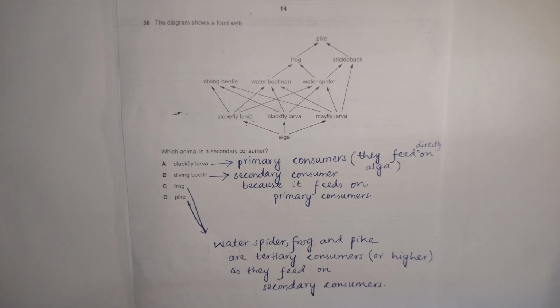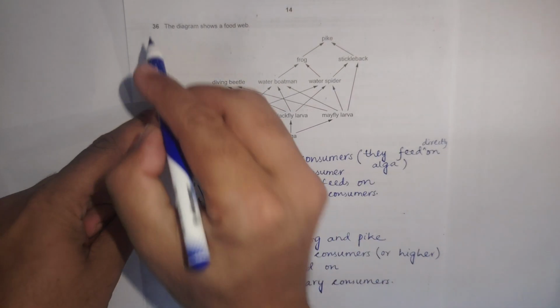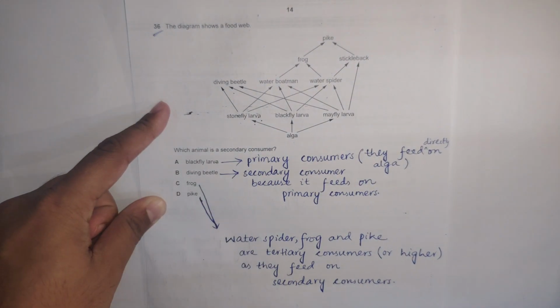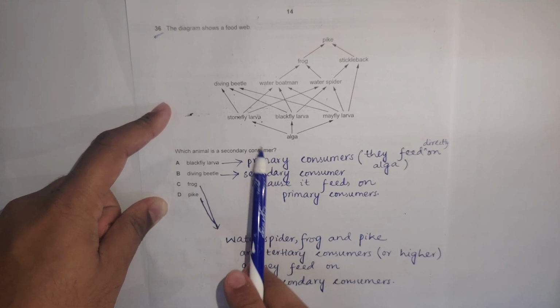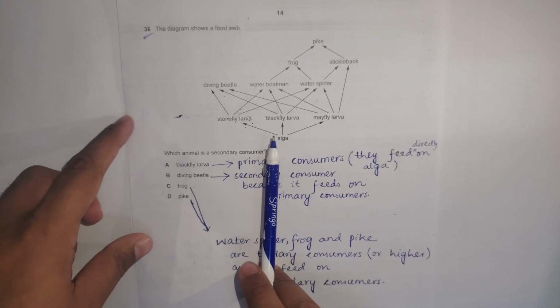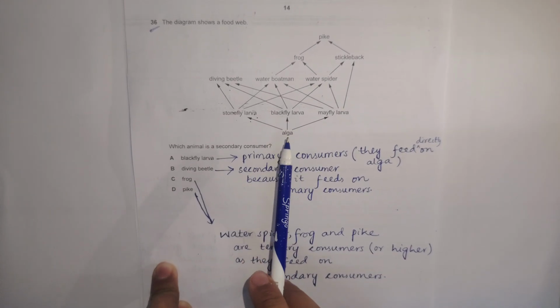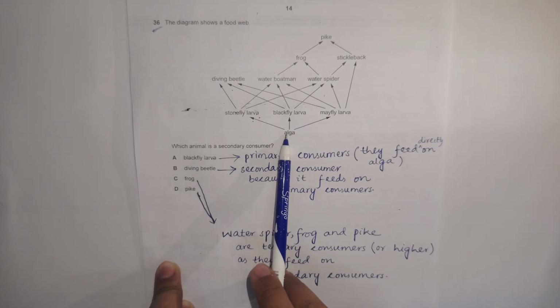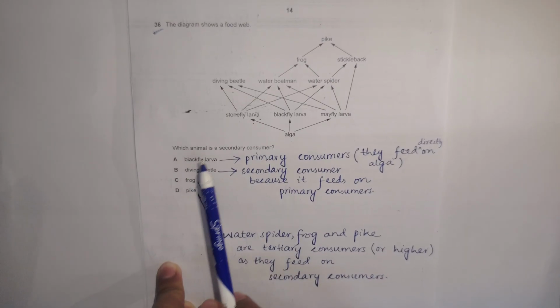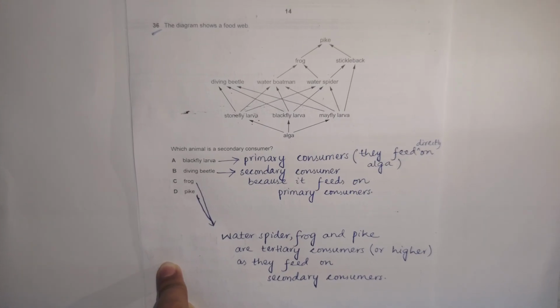Question number 36. A food web is here for us. A diagram that shows a food web. To solve these questions, dear students, you should have great knowledge of how to find primary consumers, secondary consumers, and tertiary consumers.